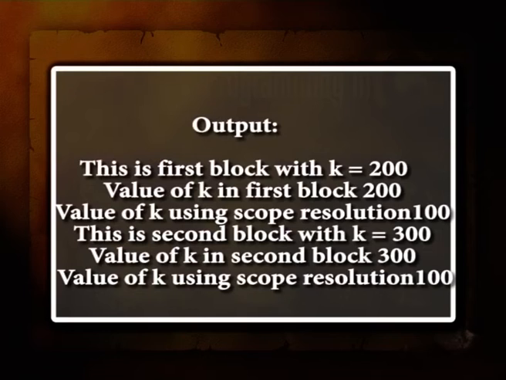From the output of the program, it is clear that whenever the value of k is printed with scope resolution, that is double colon k, irrespective of the blocks, it will always give output as 100. Thus, we have just seen how a variable with the same name can be declared in different blocks and can be used appropriately using scope resolution.